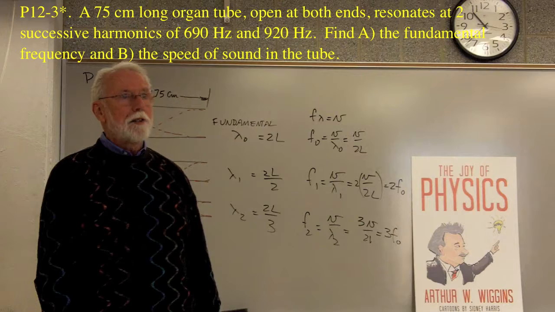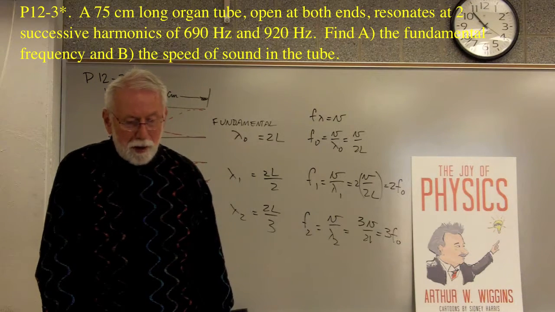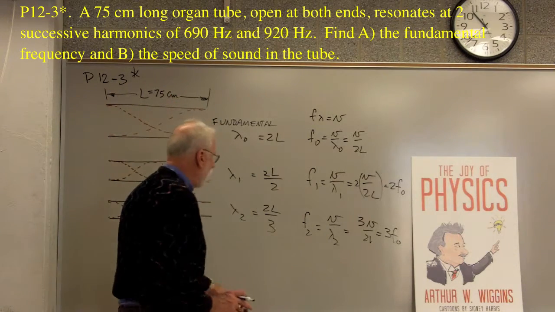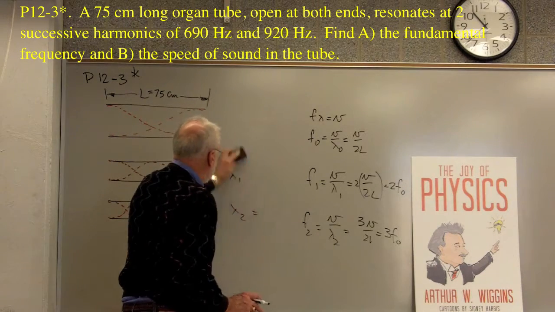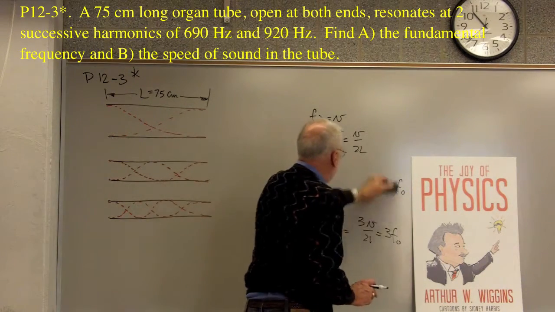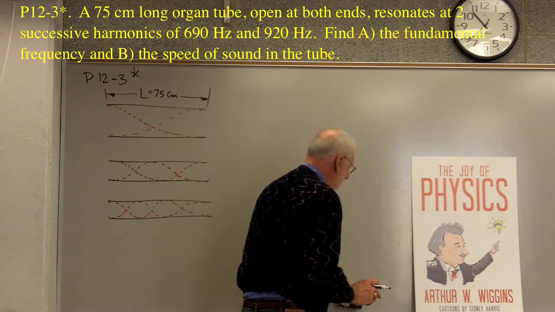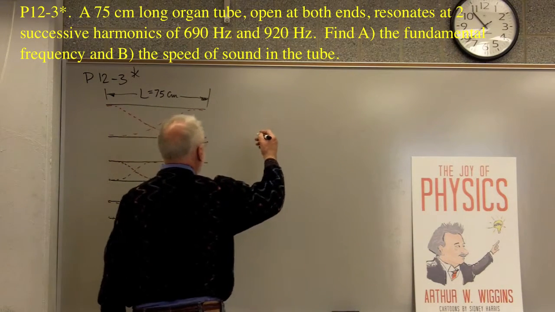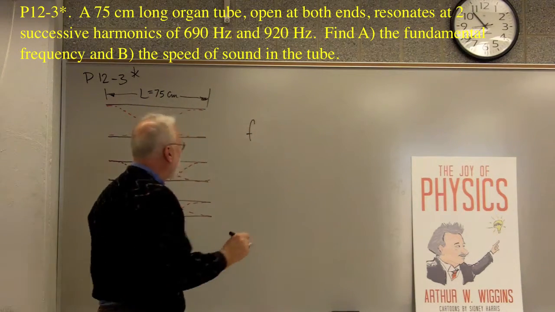Because what the problem is telling us is that the sound is resonating at 2 successive harmonics of 690 hertz and 920 hertz. Great. Let's see how we can work that in. 2 successive harmonics. As is often the case, we have to try to express this in a mathematical way. So here's what we can say. One of these harmonics, whatever it is, we'll call it the nth harmonic. Seems pretty mathy, doesn't it?